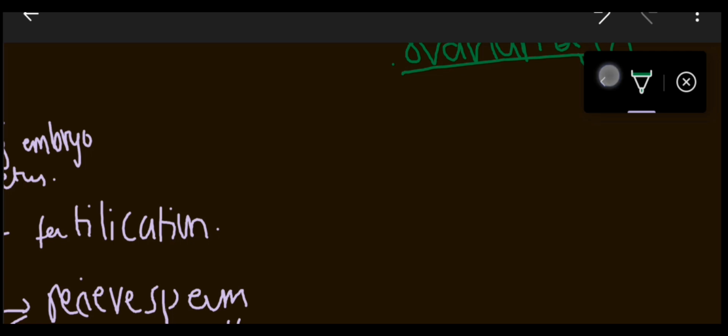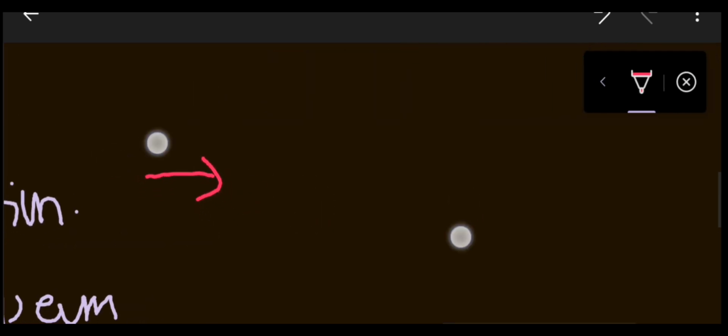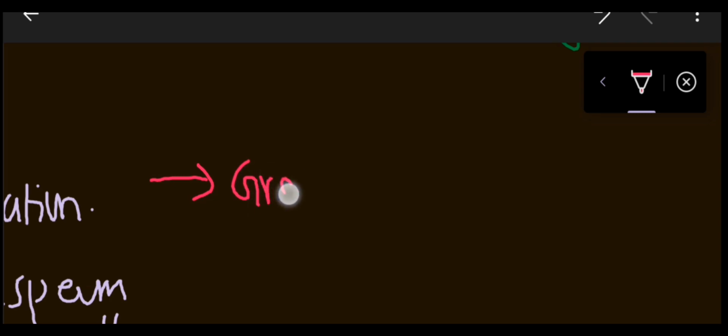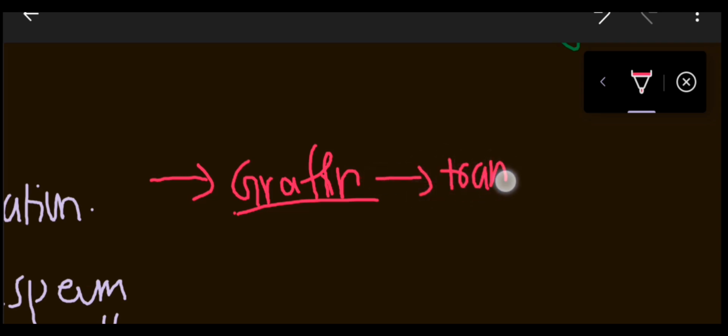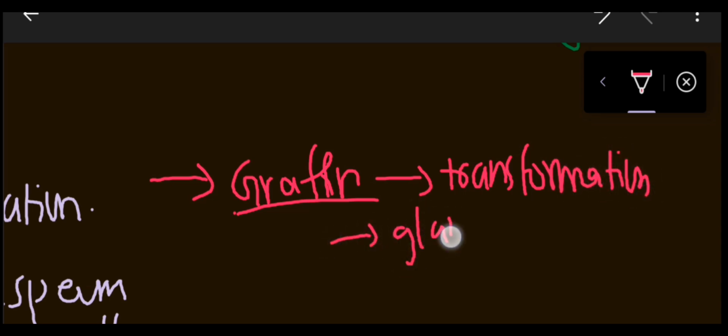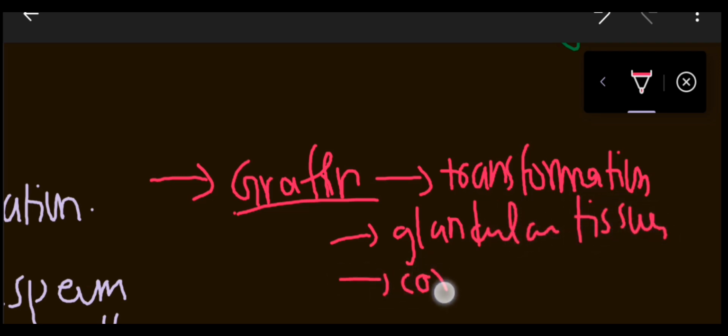Now only 2 things are remaining to be noted down. One is Graafian follicle. Now what is Graafian follicle? So Graafian follicle is basically when this undergoes transformation. जब Graafian के अंदर transformations होती हैं, this basically develops into glandular tissues. So this is known as corpus luteum.